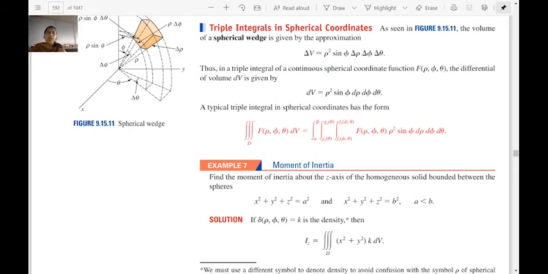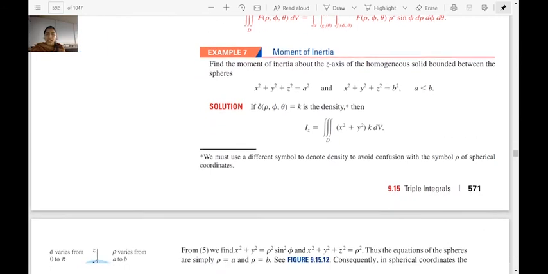Earlier when we converted to r and θ, dz remained as it is, and dA was replaced by r dr dθ. Here the volume dV will be replaced by ρ² sin φ dρ dφ dθ. So let's see an example.